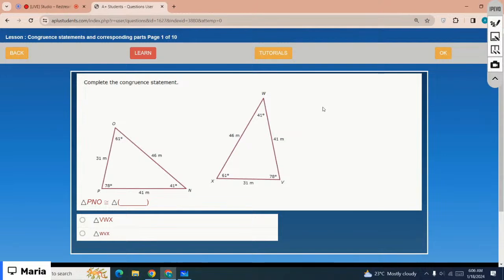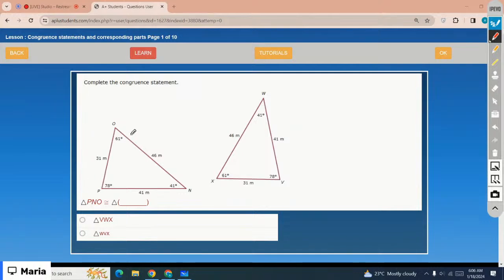Complete the congruence statement. Triangle PNO is congruent to triangle VWX.